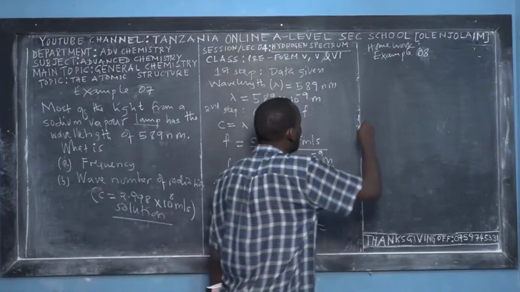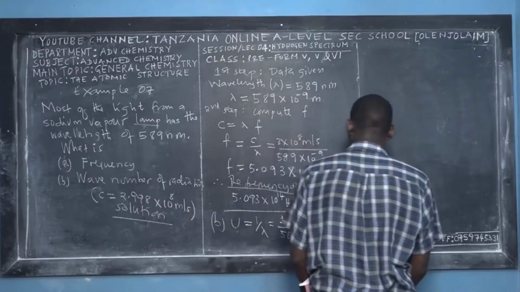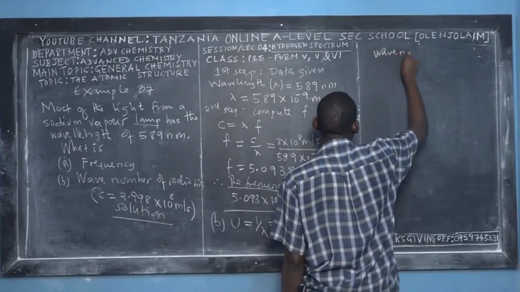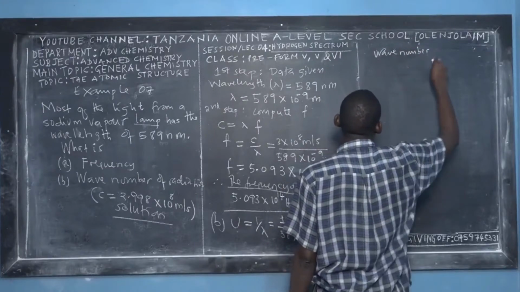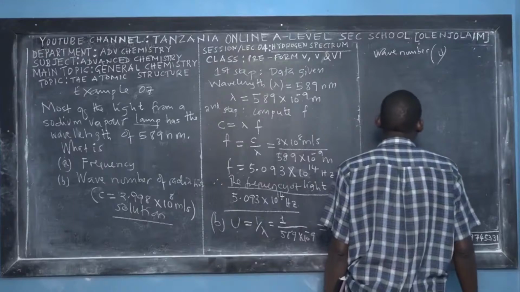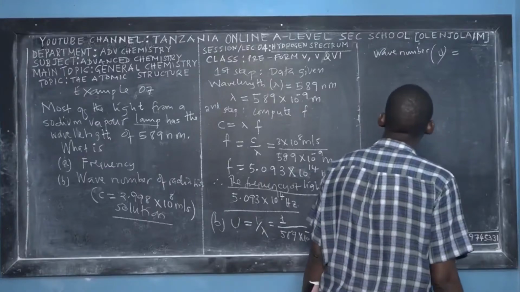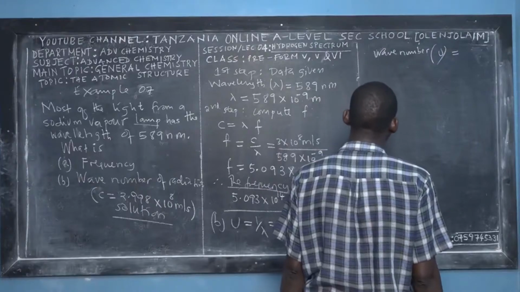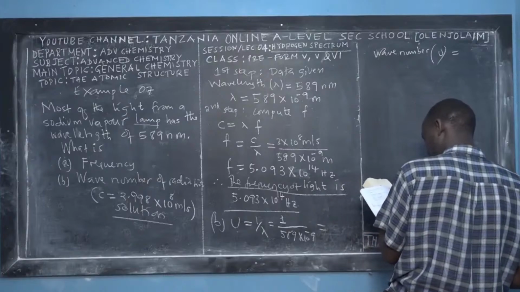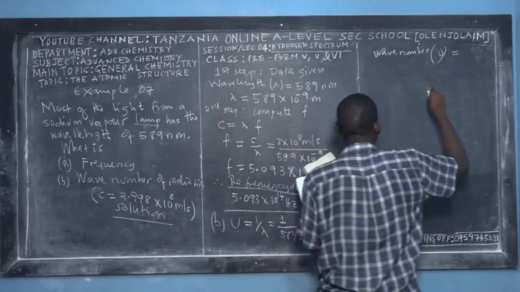So if you compute the wave number for this example question, the wave number will be equal to 1.6 exponent 6 per meter.